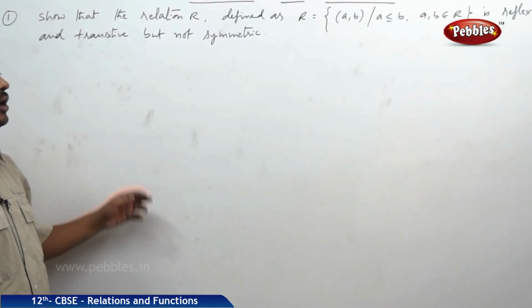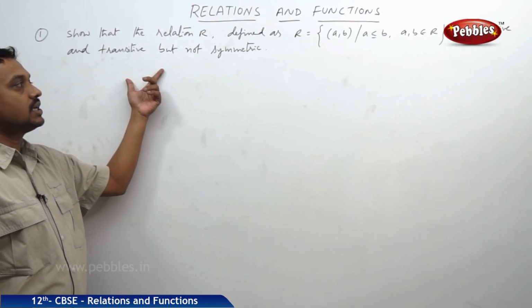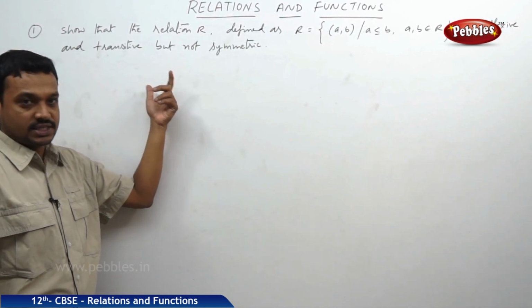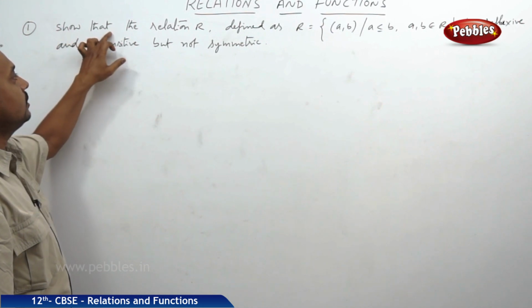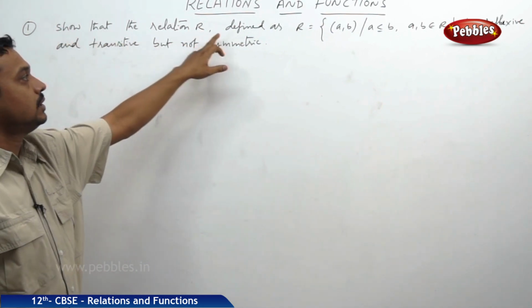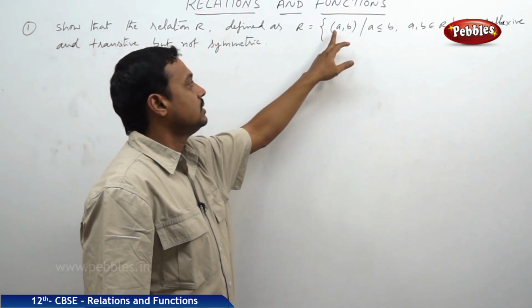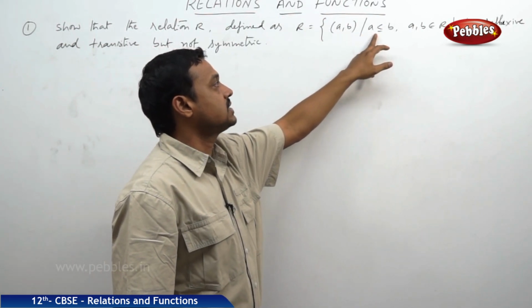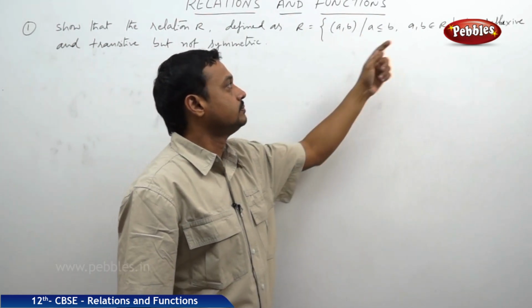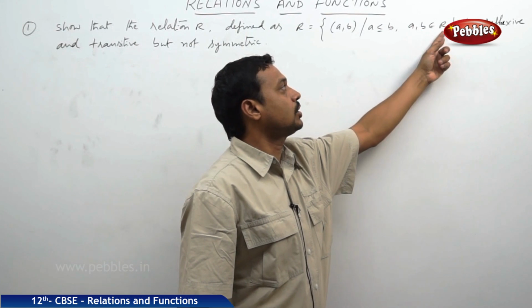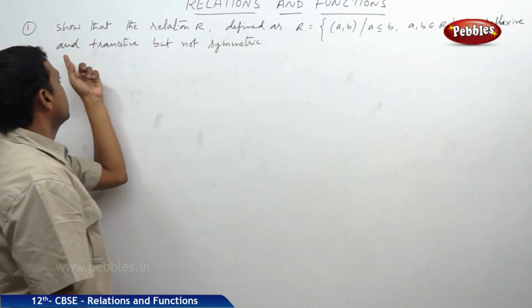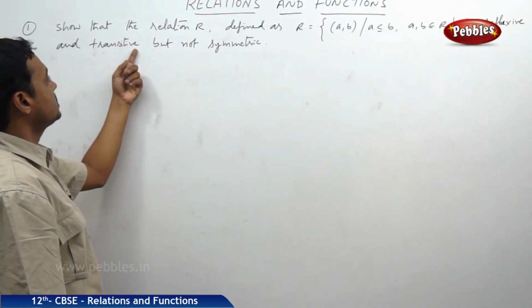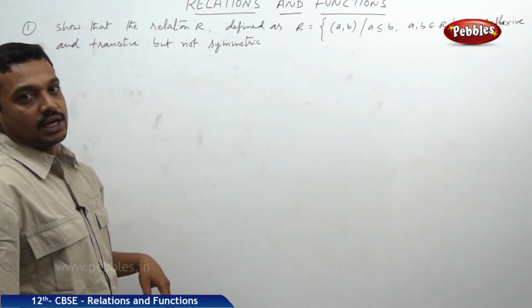Okay. Now, let us consider some problems in the exercise. This is one problem. Show that the relation R, which is defined as (A, B) such that A is less than or equal to B, where A, B are both real numbers, is a reflexive relation and a transitive relation but not a symmetric relation.